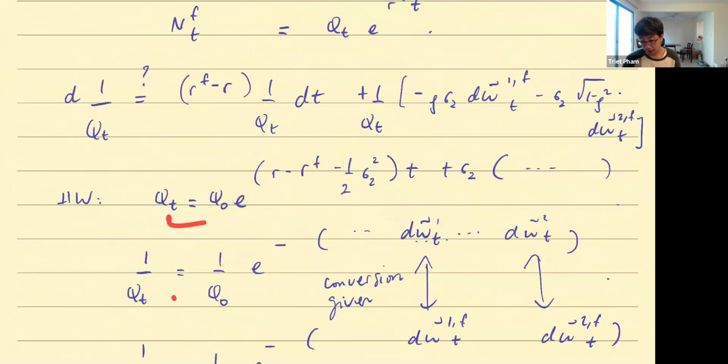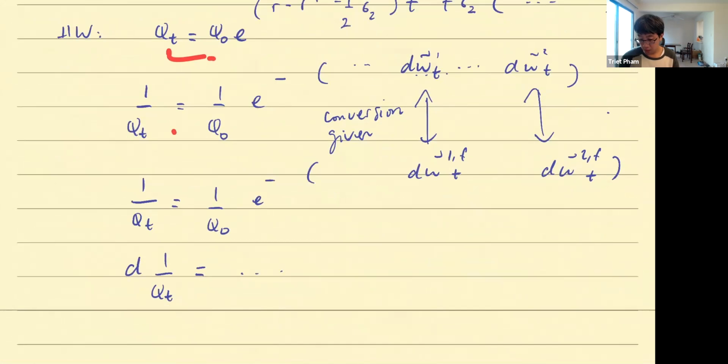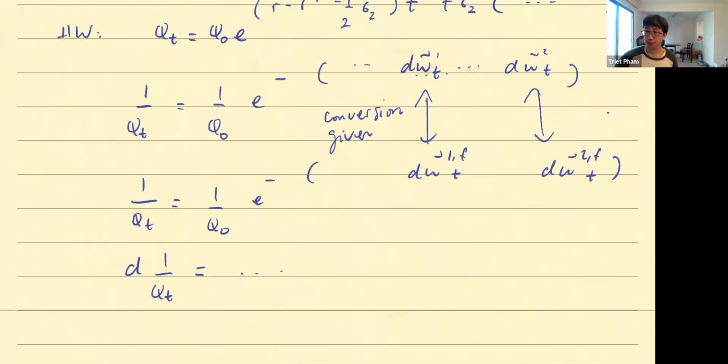There's no guessing. Here I'm guessing that this is this, this is this. In the homework, you just do pure calculation, taking this conversion as a given. Any question?